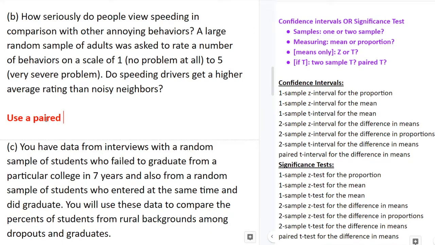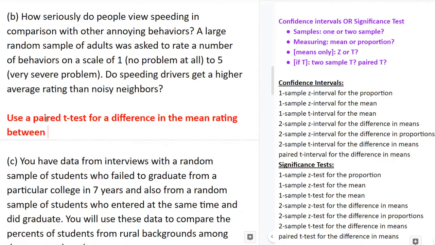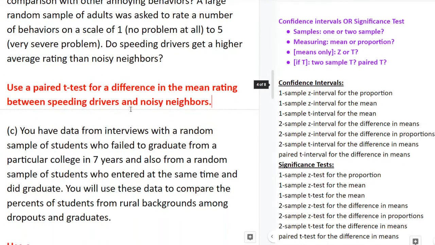So this is a paired t-test for a difference in the mean rating between, in this case, speeding drivers and noisy neighbors. So there you go for the second one.